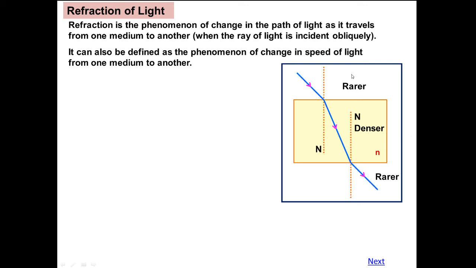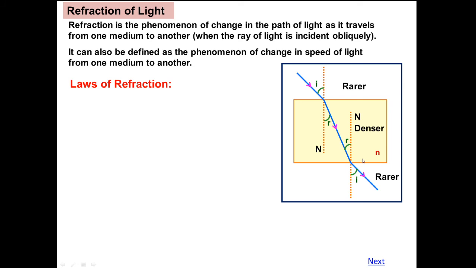So here when the light is incident, then it bends towards the normal while it passes through the denser medium, and again when it goes into the rarer medium, it moves away from the normal.